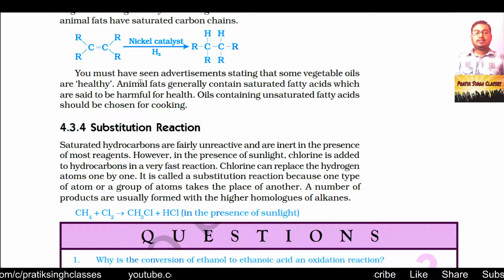You must have seen advertisements stating that some vegetable oils are healthy, you might have seen that in ad films. Animal fats generally contain saturated fatty acids, which are said to be harmful for health. People who consume a very high amount of non-veg are told not to, because it is harmful for your health.